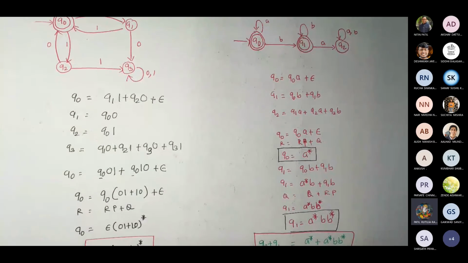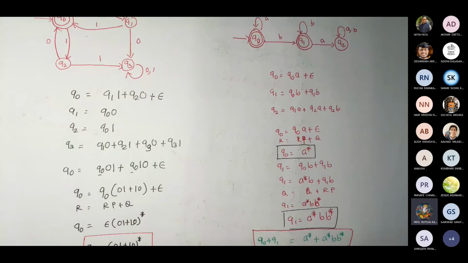Okay, sir. The next state is Q1, and for Q1 there are two incoming transitions: Q0B plus Q1B. And for Q2 there are three incoming transitions: Q1A plus Q2A plus Q2B.